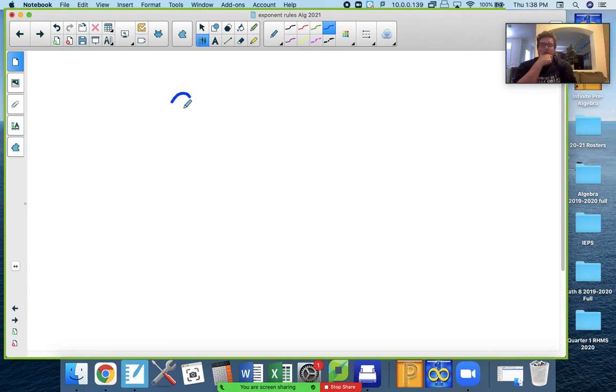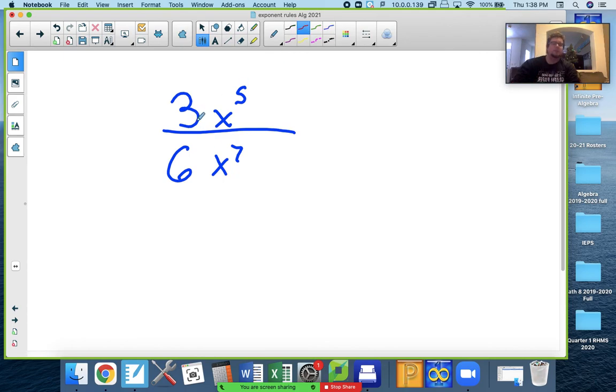If we have coefficients in front, they simplify like fractions. 3 goes into both of these. 1 time for this one, 2 times for that one. So 1 over 2 for our fraction.